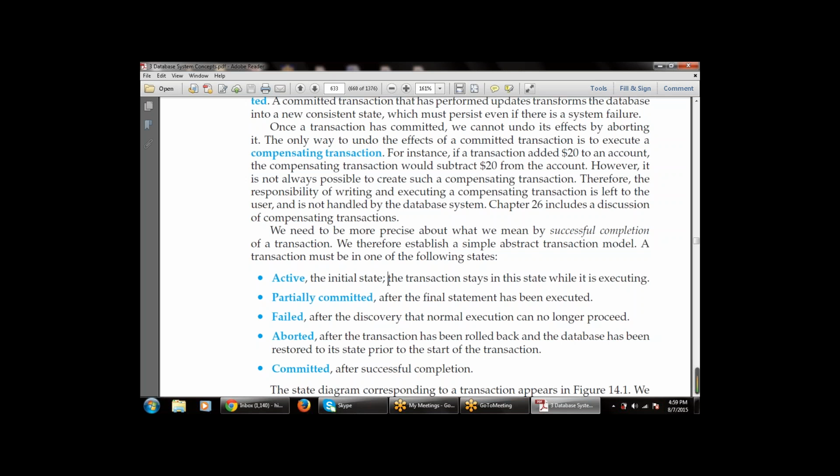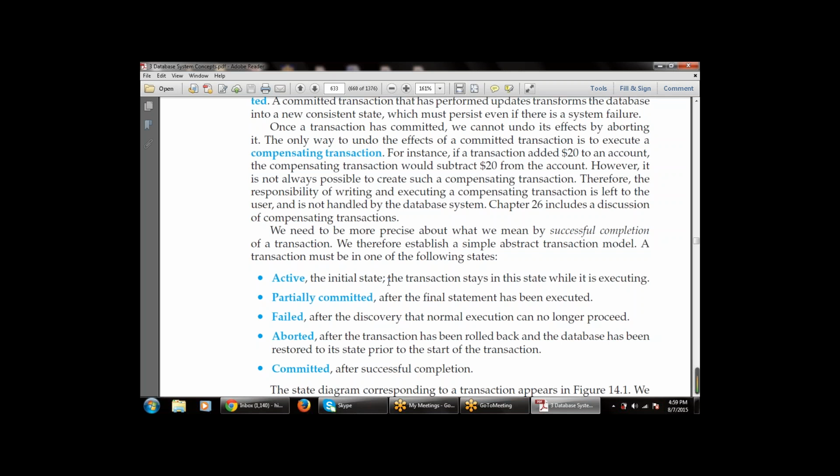The first state is the active state. That is the initial state, which occurs while the transaction is executing. Then partially committed, which means after the final statement has been executed.